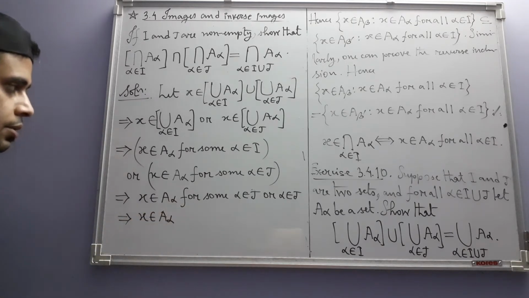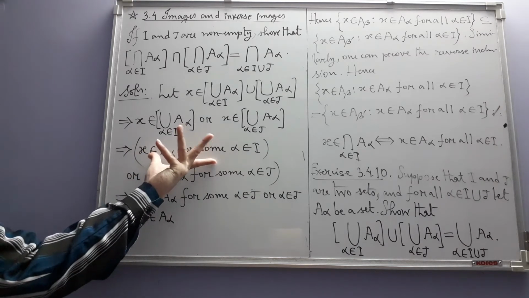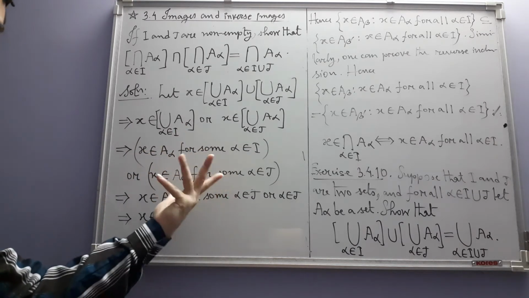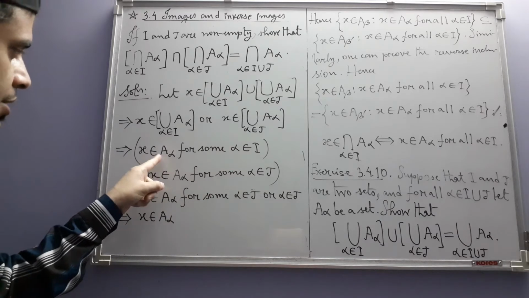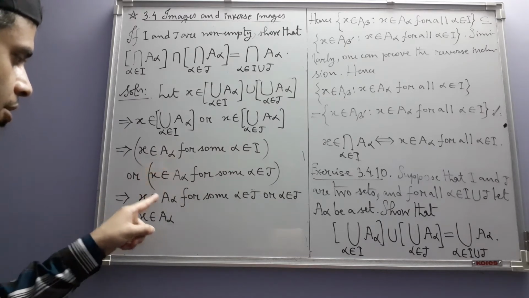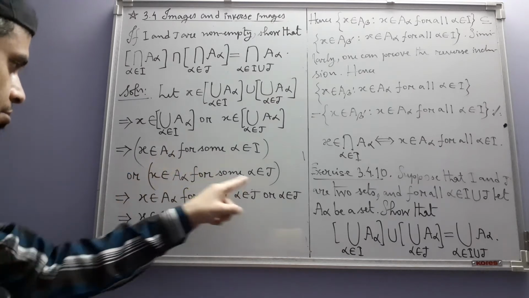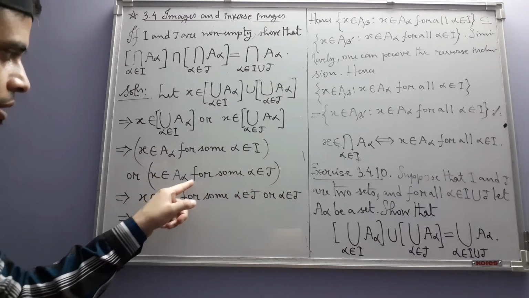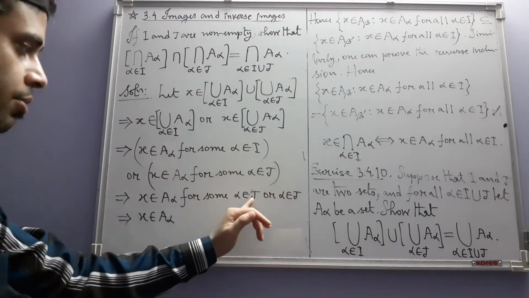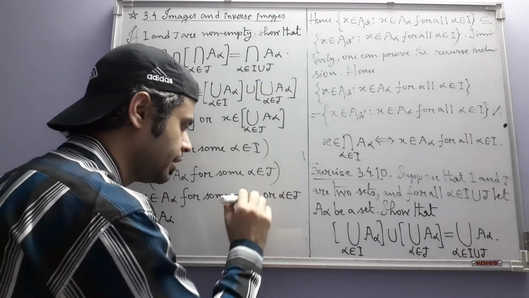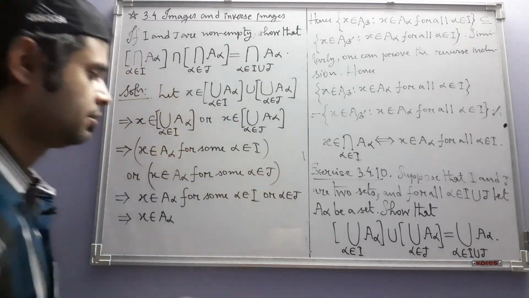So either this is true or this is true, or both are true. If this one is true, then x belongs to A alpha for some alpha belonging to I, and if the other is true, then for some alpha belonging to J. I have written J on both of the things, right?